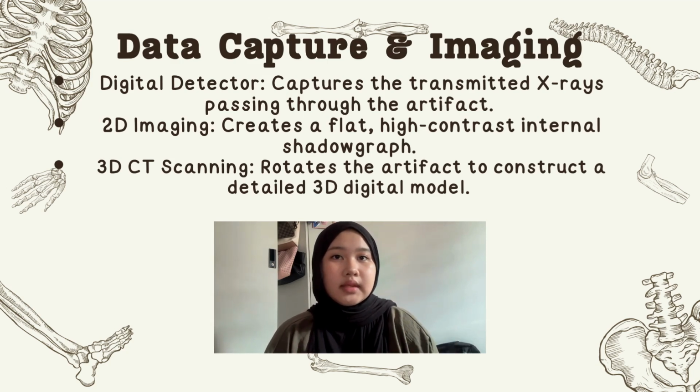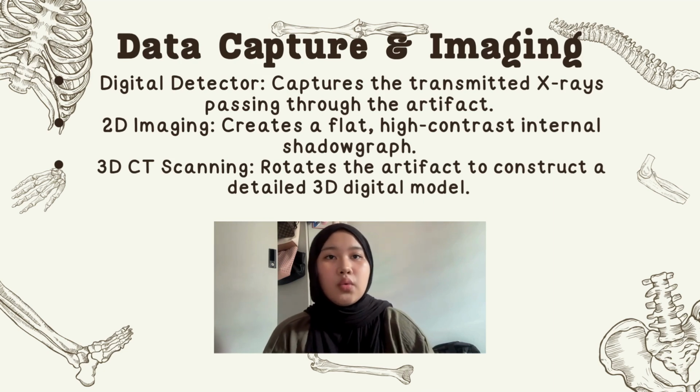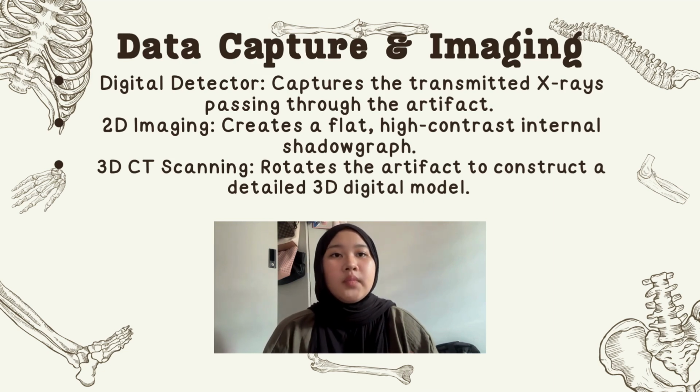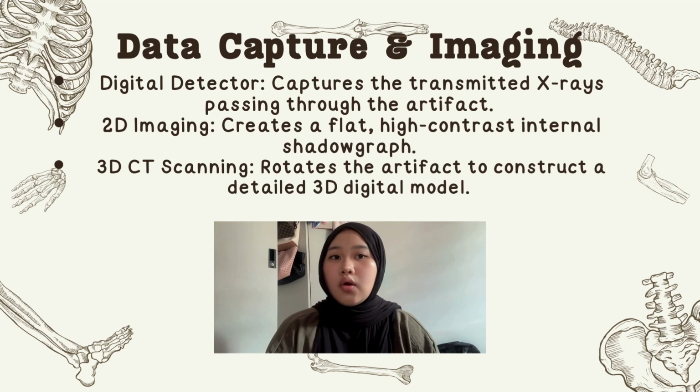The first method is a standard 2D radiograph. This produces a flat, high-contrast internal shadow graph where dense areas show up as bright white and less dense or hollow areas show up as dark gray or black.